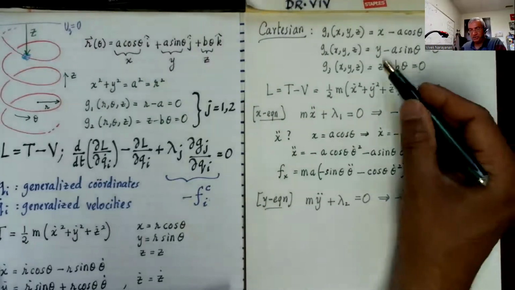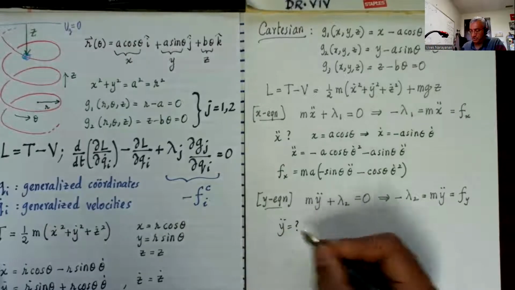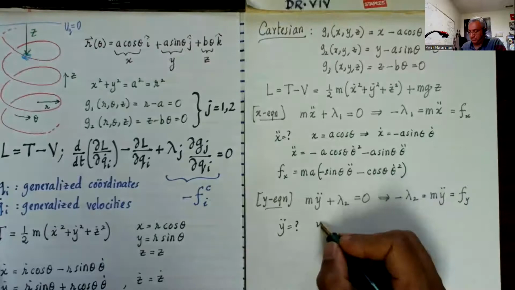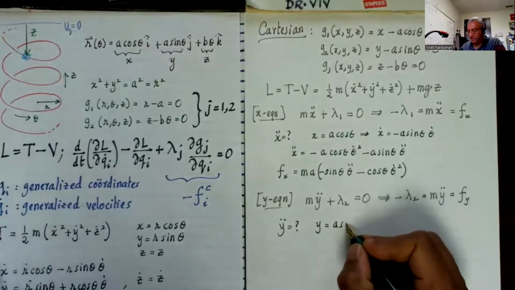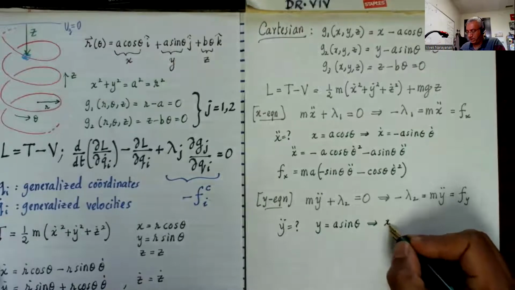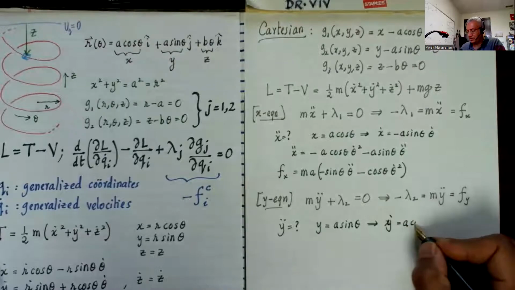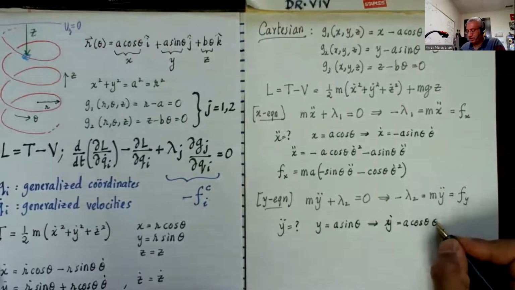From the constraint equation, y double dot is how much? So y equals a sine theta. We'll differentiate the constraint equation. So I get y dot equals a cosine theta d theta by dt.